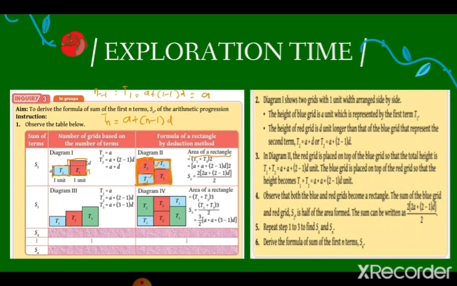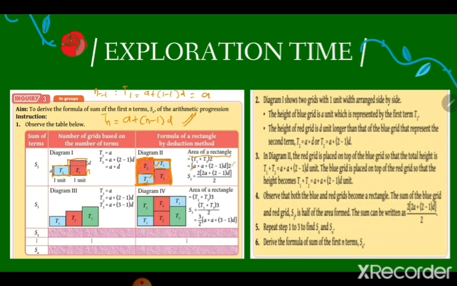By using the nth term formula, the first term is A, and the second term is A plus 2 minus 1 times D. Since the rectangle produced is twice the first diagram, we multiply by 2 here.